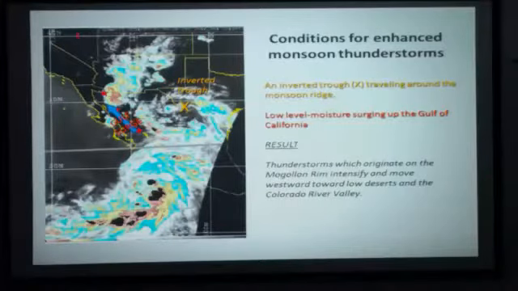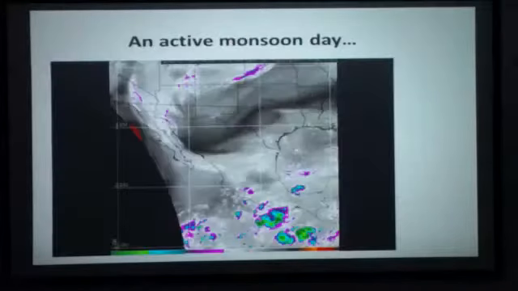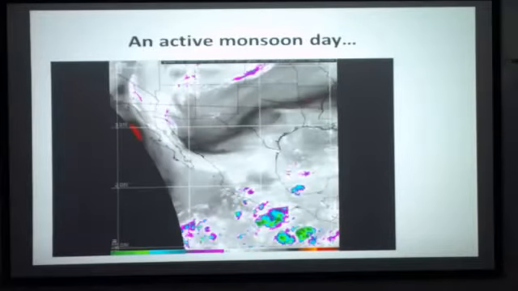We have moisture surging up the Gulf of California, and the result is thunderstorms, which originate on the Mogollon Rim or on the Sierra Madres, then organize and intensify and move westward towards the low deserts and the Gulf of California. And notice the presence of the tropical cyclone that's triggering the surge. Here is a satellite animation of an active monsoon day.